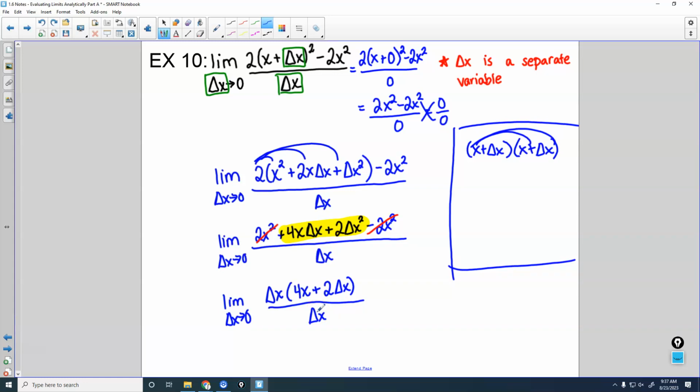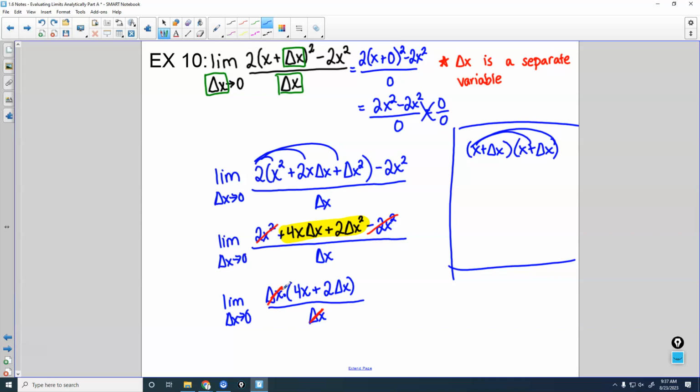Okay. Can I mark out delta x's now? The outside one. Not the inside. That would kill the math fairy, but the outside one can be marked out because it's multiplied by the stuff in the parentheses. When you have multiplication, delta x over delta x equals 1. We can cancel those out.